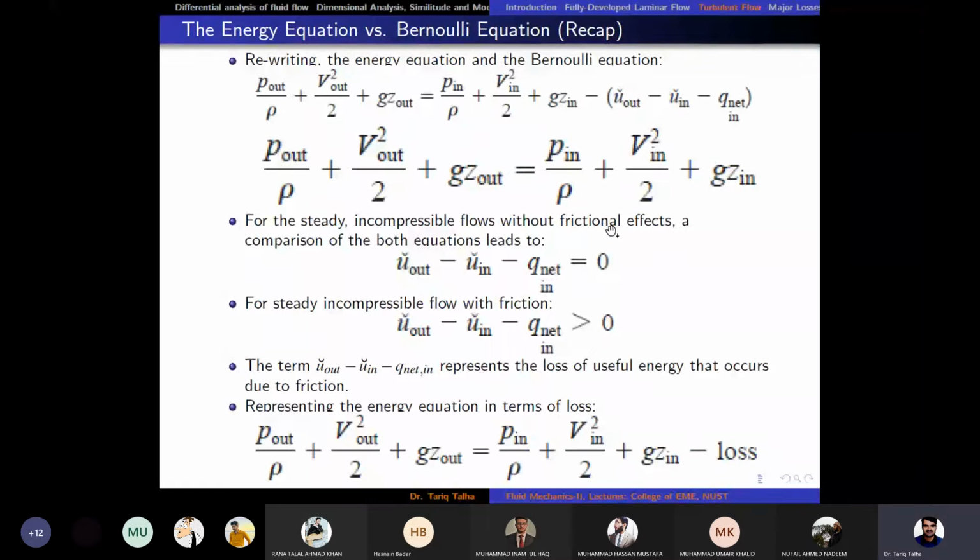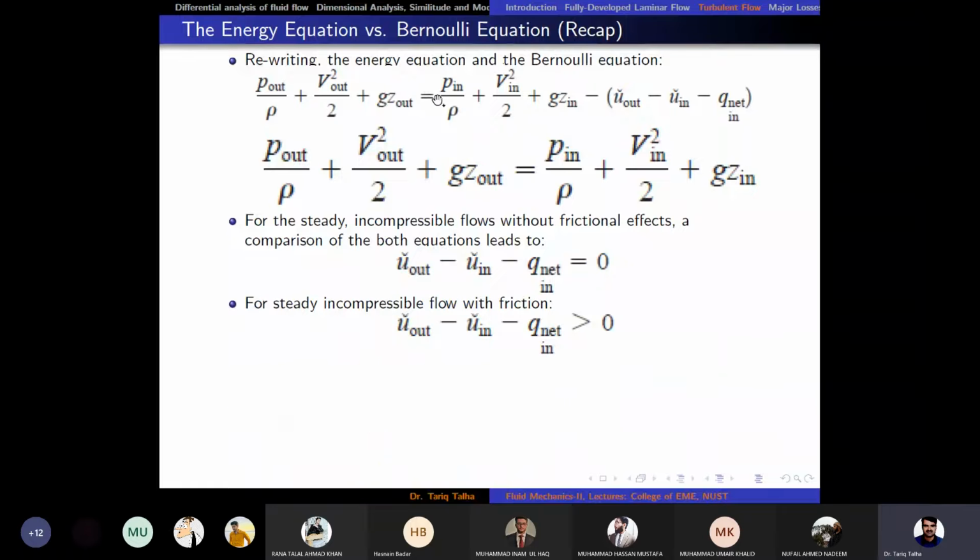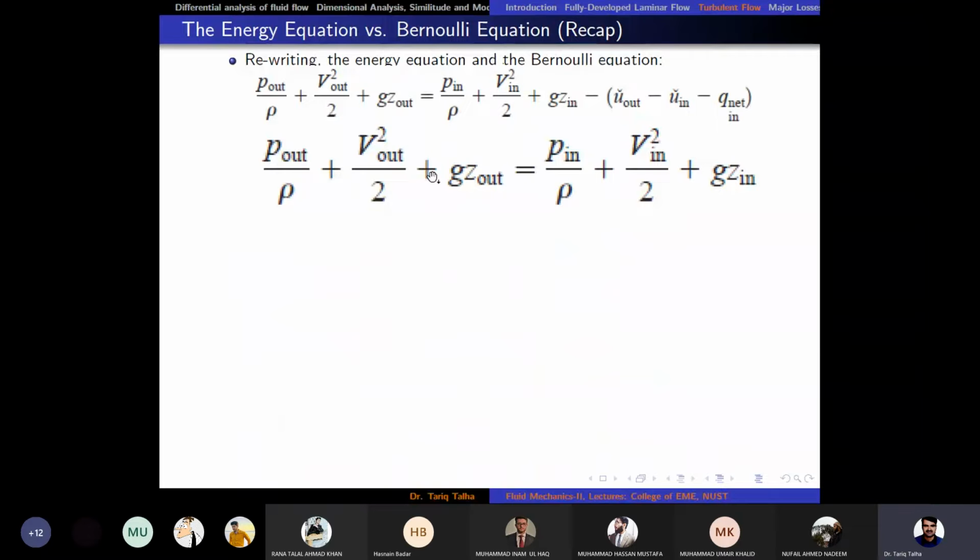here in the last class, if you remember, we wrote it by the comparison of the energy equation with the Bernoulli equation. We wrote these two equations, and if we compare them closely, the above one is the energy equation and the second equation is the Bernoulli equation. The Bernoulli equation is the one which you studied in FM1, and the energy equation is in section 5.3.3, which I told you to read in the book in chapter 5.